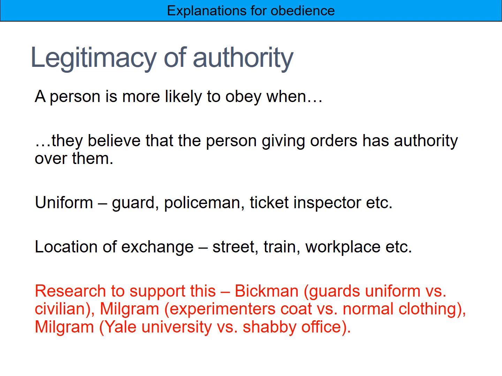So they obeyed less when he was in normal clothing than when Milgram was dressed in the experimenter's coat, giving him more authority. And finally, Milgram's other variation, whereby he was much more obeyed when he was conducting this study at Yale University in comparison to the shabby office.